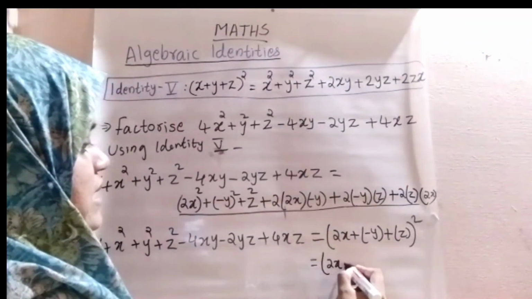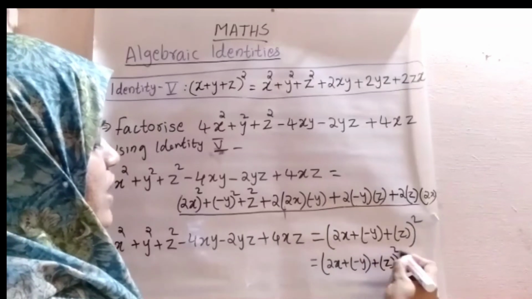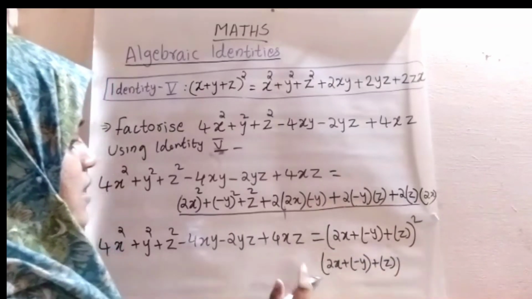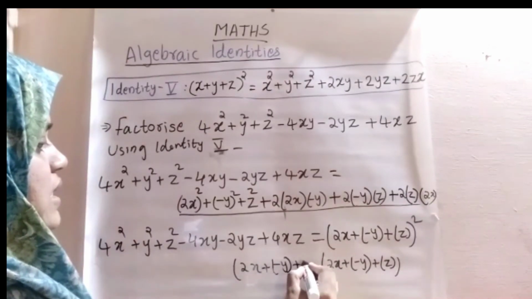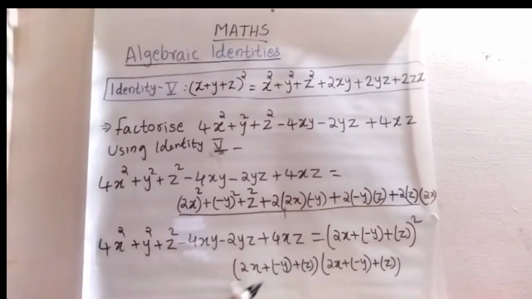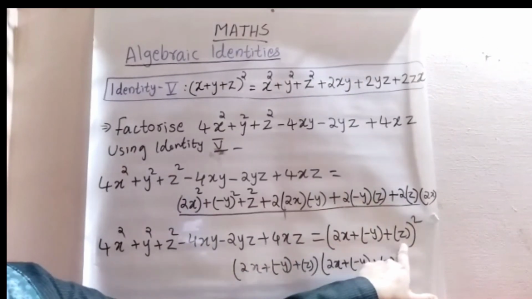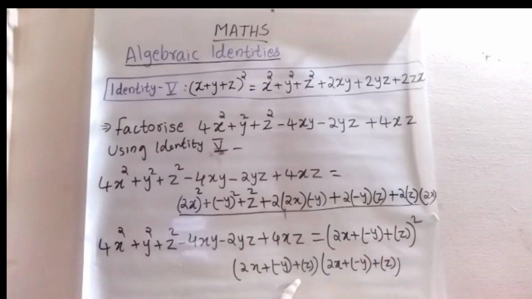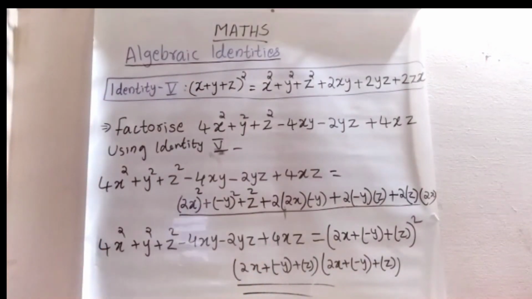So (2x plus minus y plus z) whole square is (2x plus minus y plus z) into (2x plus minus y plus z). Clear? This is the factorized form of this question.